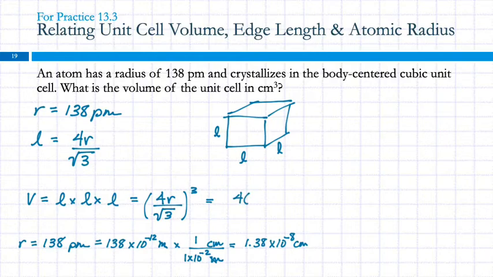So I have 4 times 1.38 times 10 to the minus 8 centimeters divided by the square root of 3, and that whole thing is cubed.